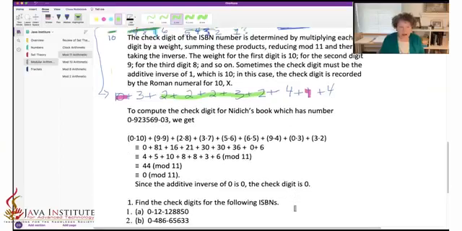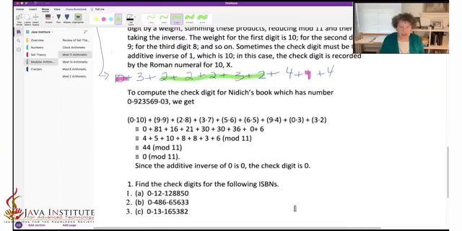And, okay, sometimes the check digit has to be 10, it turns out, and then you use an X. I could probably look at 20 books and not find one with an X. But if you look at your books that you have, you might find one with an X. No, I don't have any with X's that are handy. Okay, so you just use an X for the check digit.